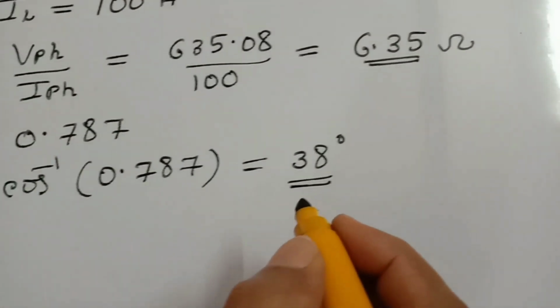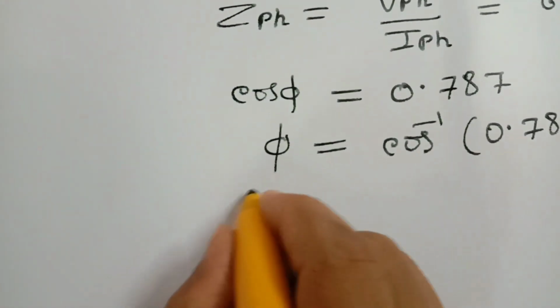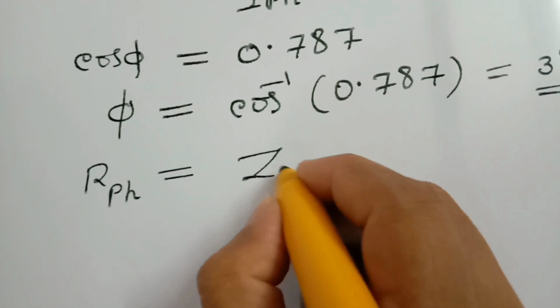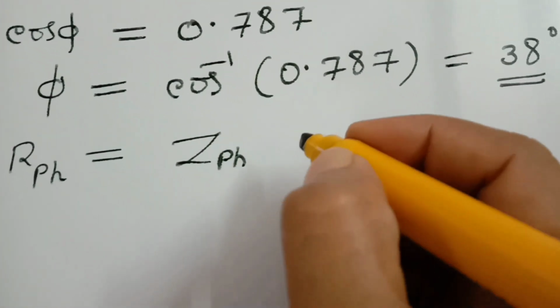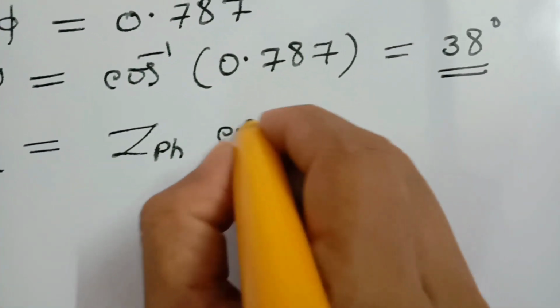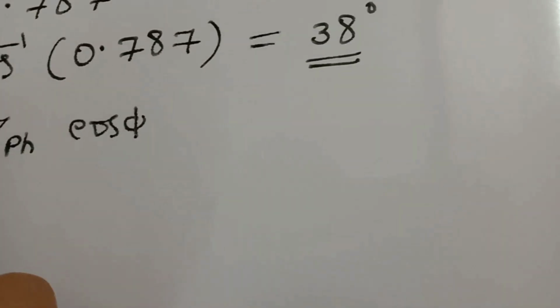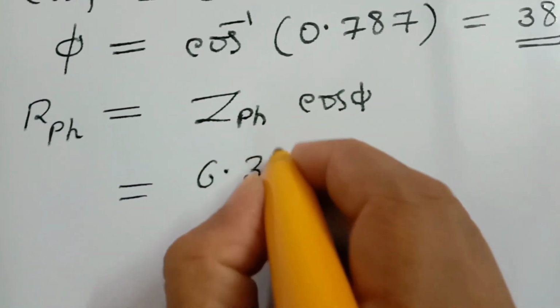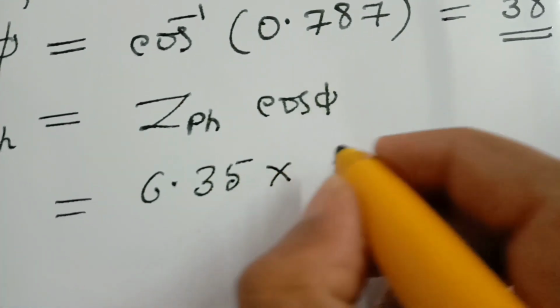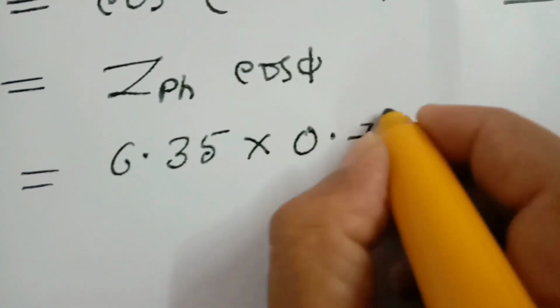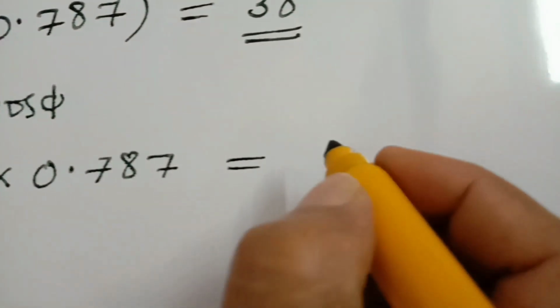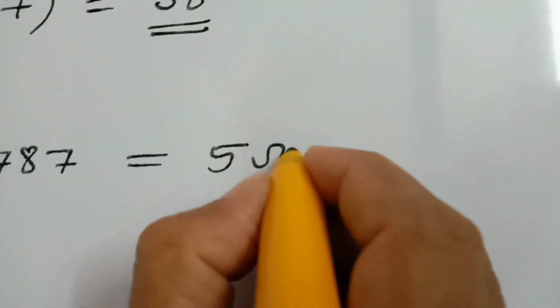Using this information, you can find out the circuit component R phase. R is equal to ZPH into cos phi, which is equal to ZPH we calculated as 6.35 into cos phi is 0.787. So the resistance value you'll get it as 5 ohm.